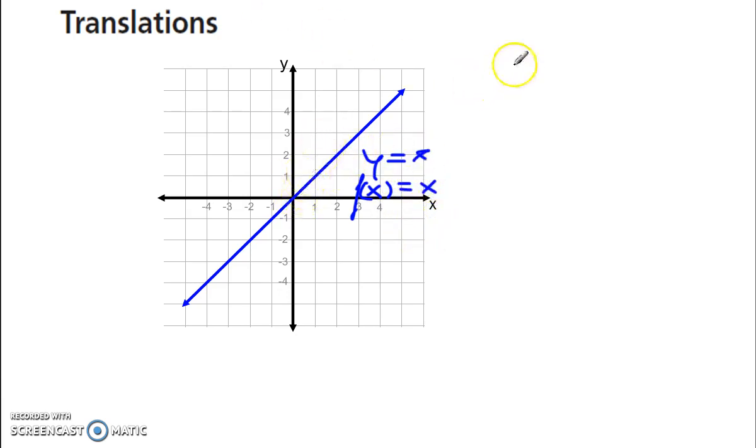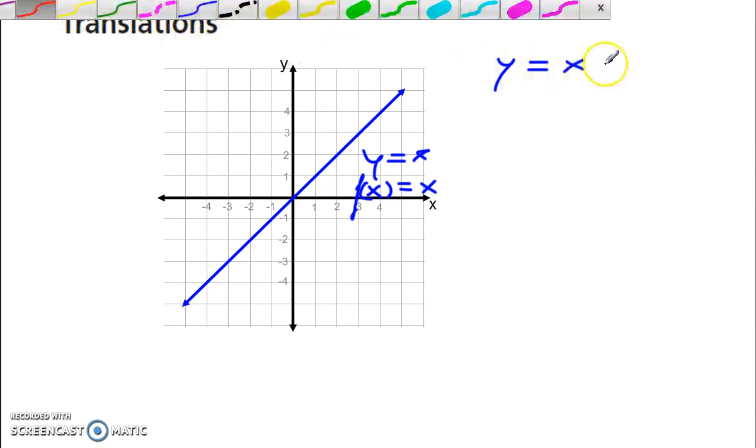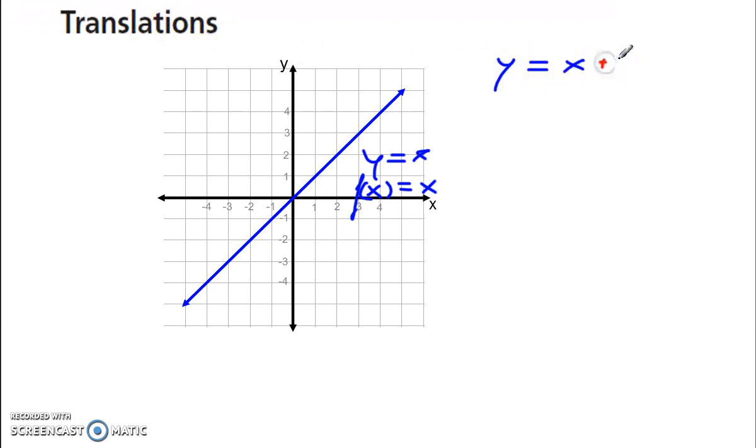If I take that function, y equals x, and I add, let's say, 2. Well, right now, y equals x is plus 0, so it goes through the origin. If I do plus 2, now the y-intercept is 2. My slope is still 1 or 1 over 1.